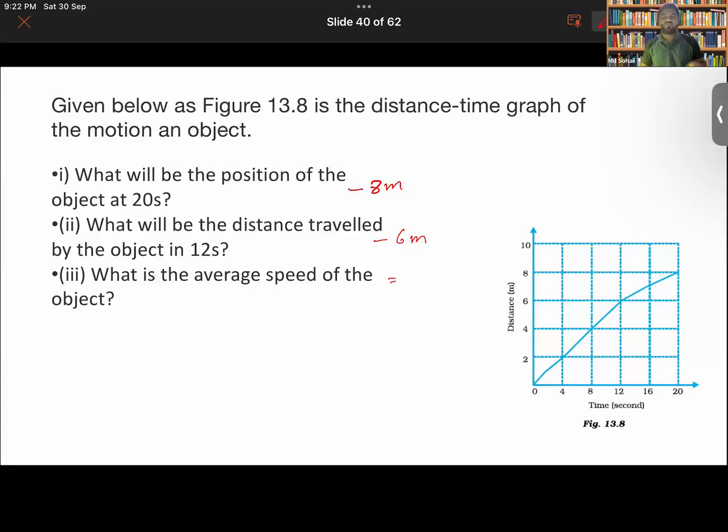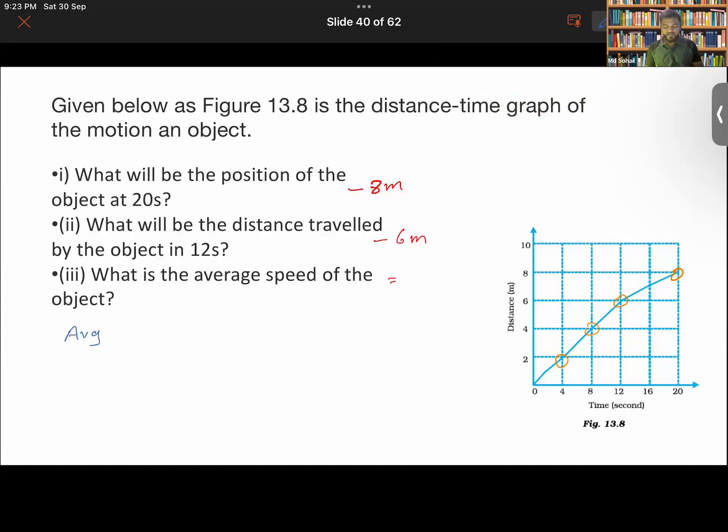We know that average speed is the speed of the body throughout the journey. Here the speed is not constant. The speed here was something else, here something else, and there's something else, right? Because it's not a case of uniform motion, it's a non-uniform motion. So you need to find what? There are two ways to find the average speed, if you guys remember.